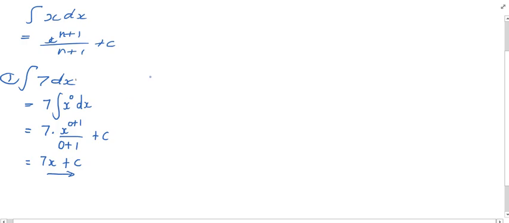Okay, so that's a basic one that we typically get to integrate in our sessions.